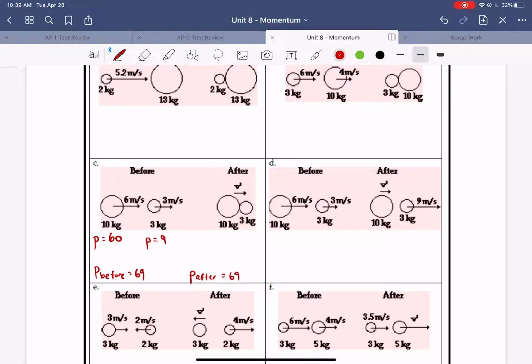All right, so after the collision, we just have a single object. So just treat this as one object with a mass of 13 kilograms. So the momentum is going to be the mass, 13, times the velocity. So if 13 times v equals 69, then the velocity is going to be 69 divided by 13, which is about 5.3 meters per second.